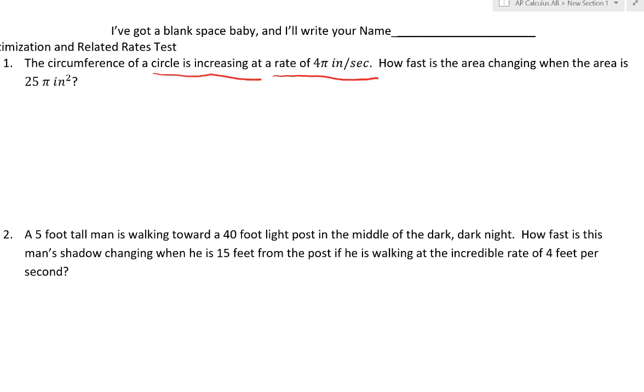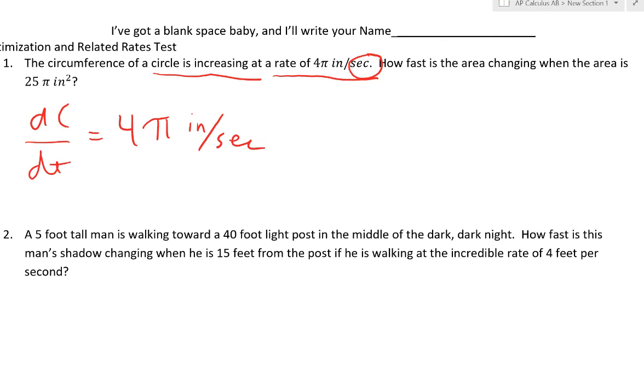Because it's the rate that the circumference is changing, we're going to call it the rate of change of circumference with respect to time, because it's in seconds. So that tells us right away that dC/dt is 4 pi inches per second. That's not the circumference, that's not the area, that's the rate of change of the circumference.